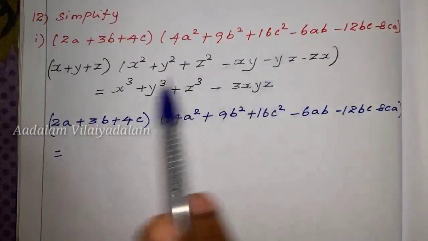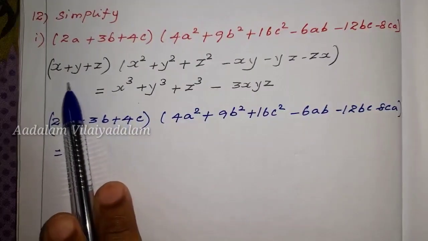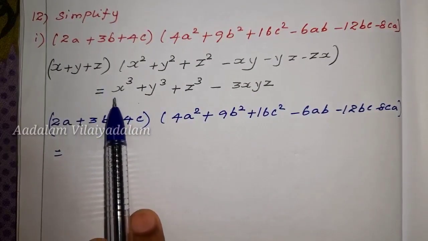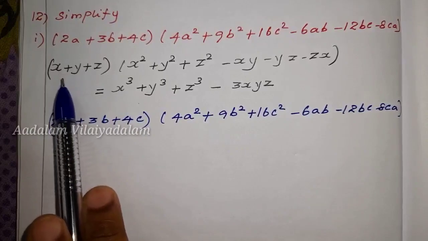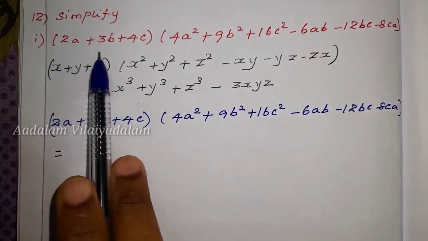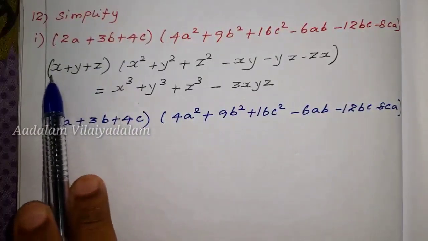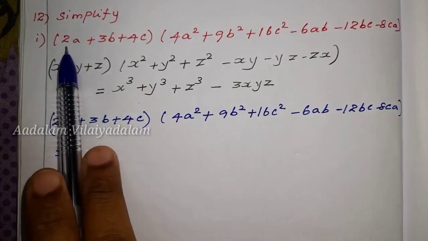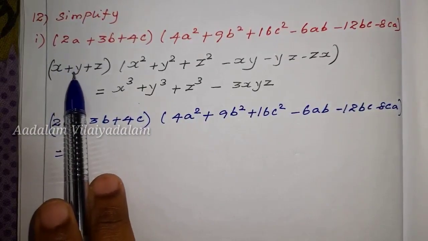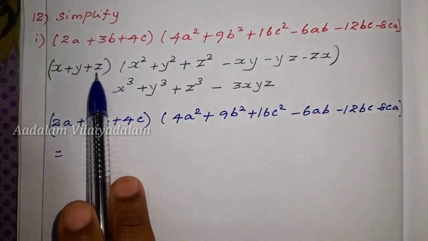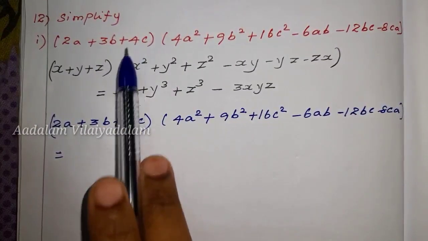So this is the format of x plus y plus z. Here we have to identify the x value, y value, z value. Here x equal to 2a, the y value is 3b and z value is 4c.